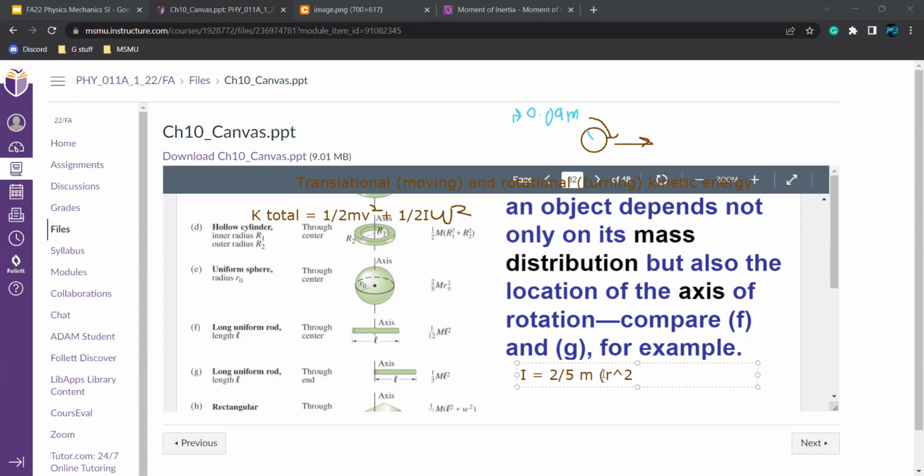And it's the r that's squared, not everything is squared. Right, and we're getting that from this one. Cool.